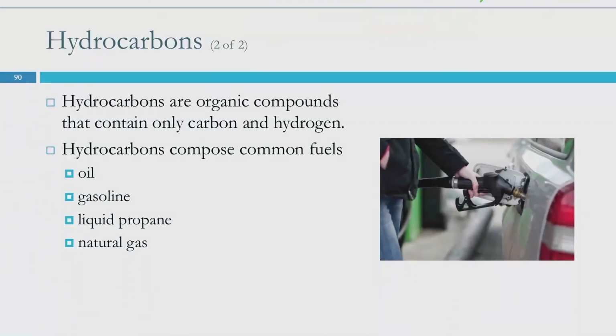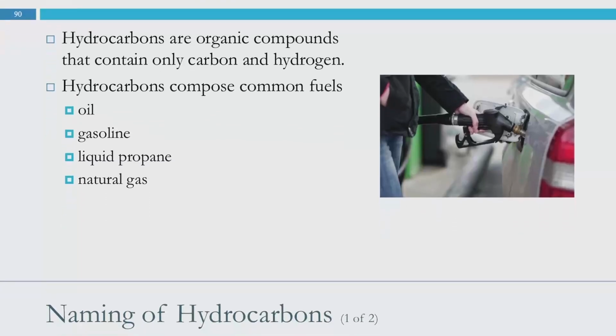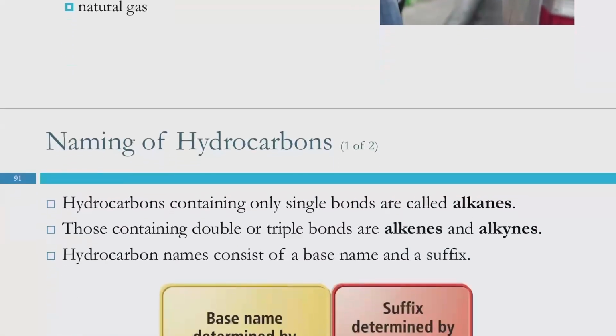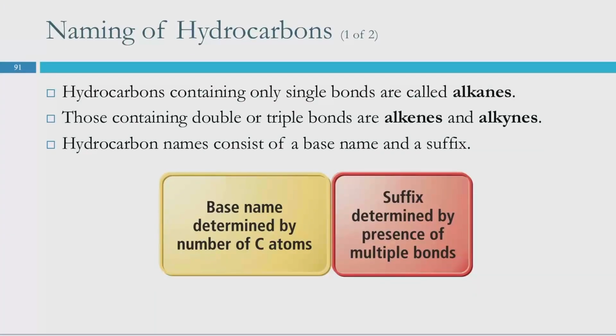So our hydrocarbons contain only carbon and hydrogen. They're commonly used for fuels. Things like oils, gasoline, liquid propane, and natural gas are all examples of hydrocarbons. For naming hydrocarbons, it's relatively simple for organic chemistry's sake. If we have only single bonds, then these are called alkanes.